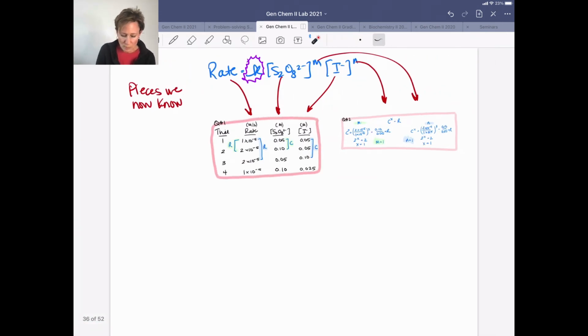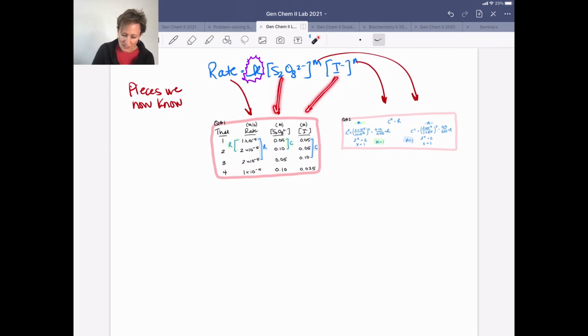All right, so if you remember what our next step was as we learned this in lecture, we are interested in determining what the rate constant is as well. We have all of these pieces in our rate law, but many of these we can get from our experimental data. Remembering that we got M and N by comparing the dependence of the rate on the concentration changes, those are the reaction orders.